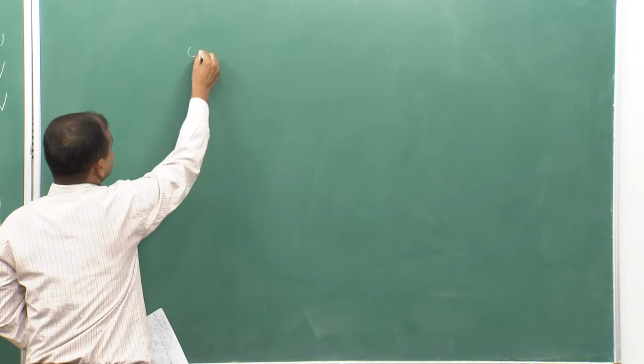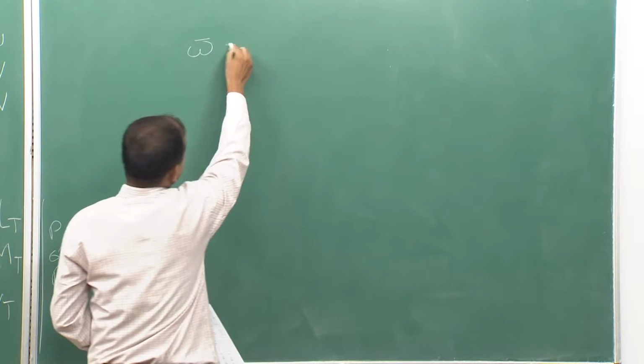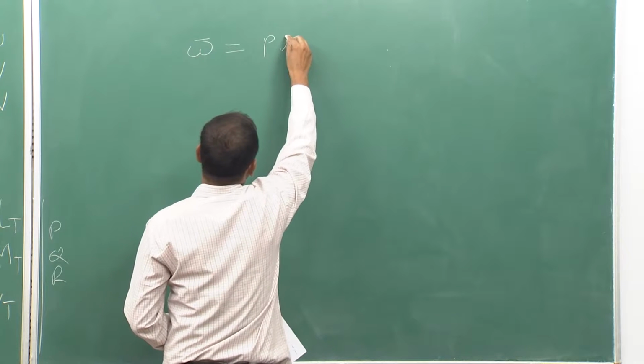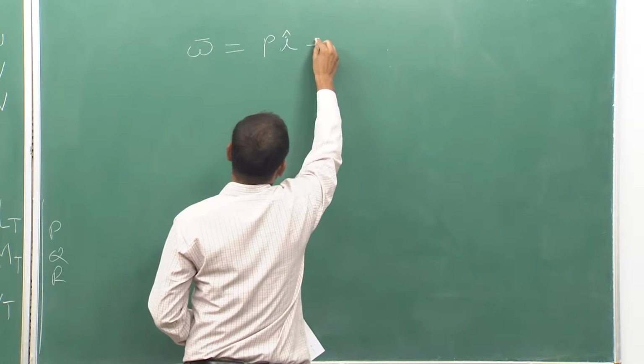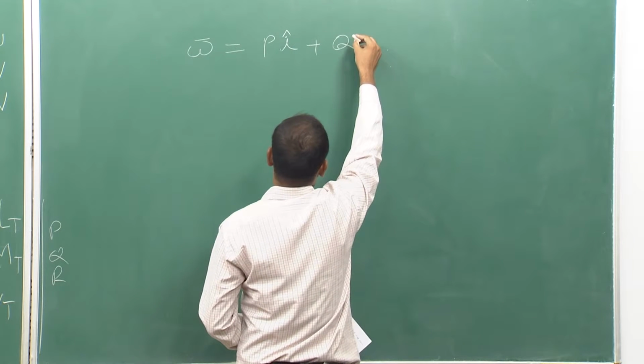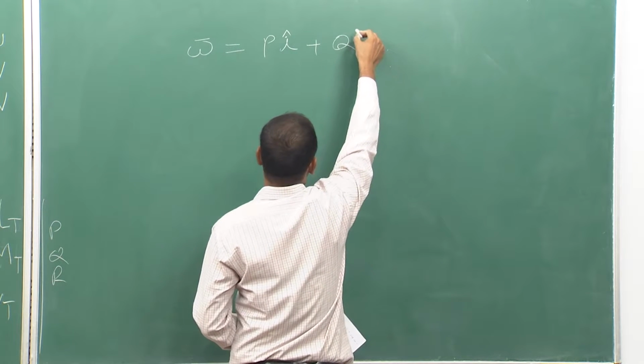If we have the angular velocity of the aircraft, you can write it: this PQR are the rotations, the angular speeds in the body frame of the aircraft.